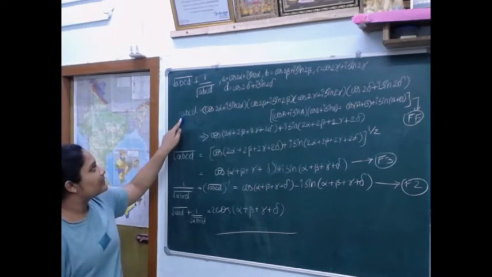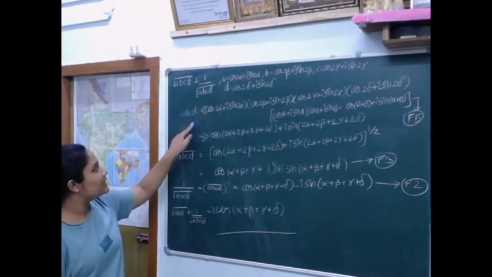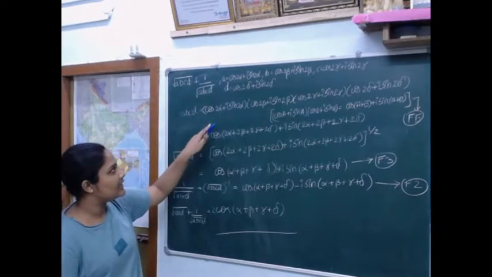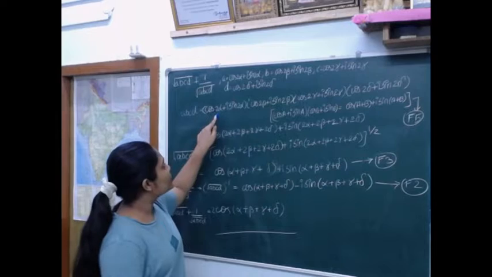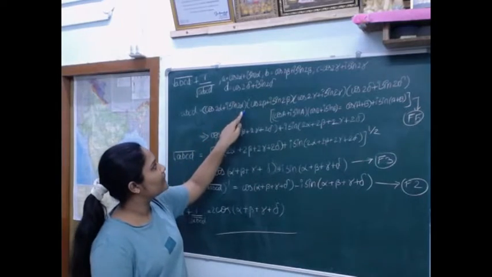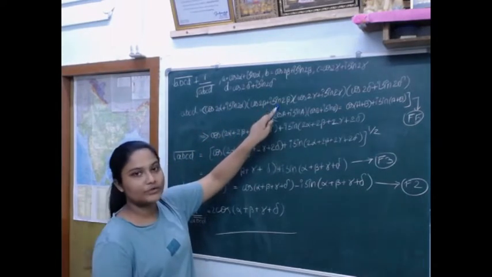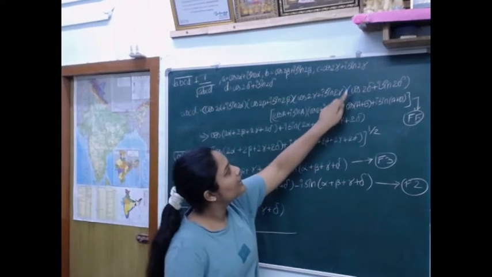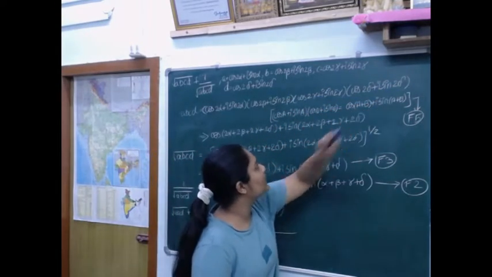So first of all, we will be finding what is A into B into C into D. We just have to substitute the values of A, B, C and D, which will be cos 2 alpha plus i sin 2 alpha into cos 2 beta plus i sin 2 beta into cos 2 gamma plus i sin 2 gamma into cos 2 delta plus i sin 2 delta.